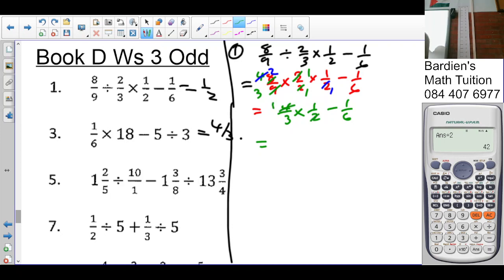So it goes once, once, no? 2 goes into 4 twice, and here 1. So it's going to be 2 over 3 minus 1 over 6. Is that what you have, no? Carry on. My LCM is 6. Yes? So it's going to be times 2, times 2. So it's going to be 4 over 6 minus 1 over 6. Yeah?